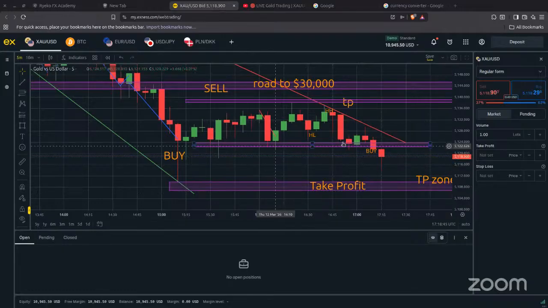I know I don't trade at this time. This is not my hour of trade. Mine stops around this time, yes. But let's do it all the time. We're going to get used to the time zone for trading. So right now, risky. Weekend gold moves might be a trap.